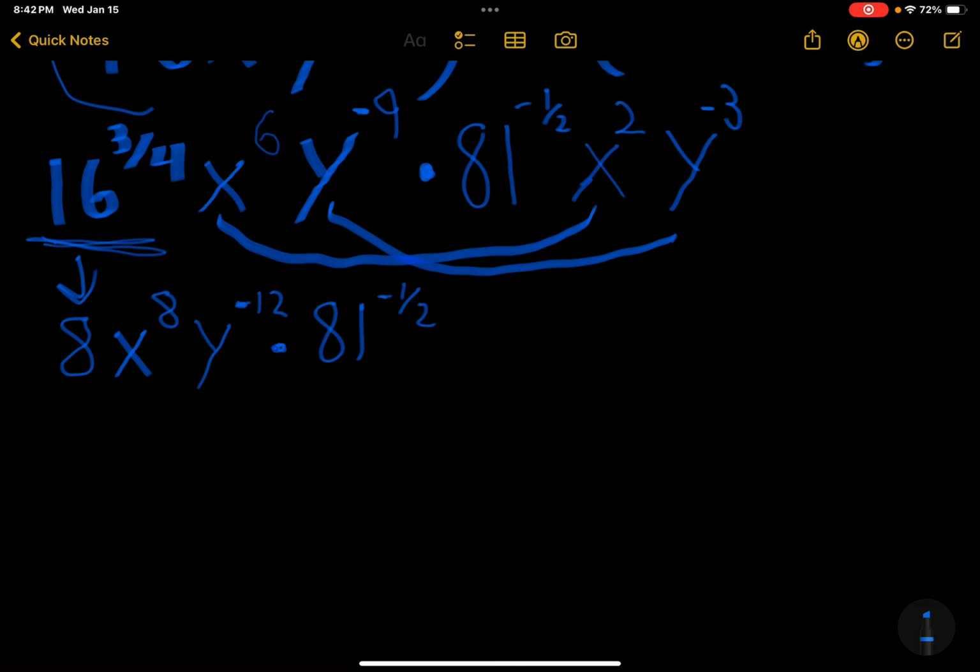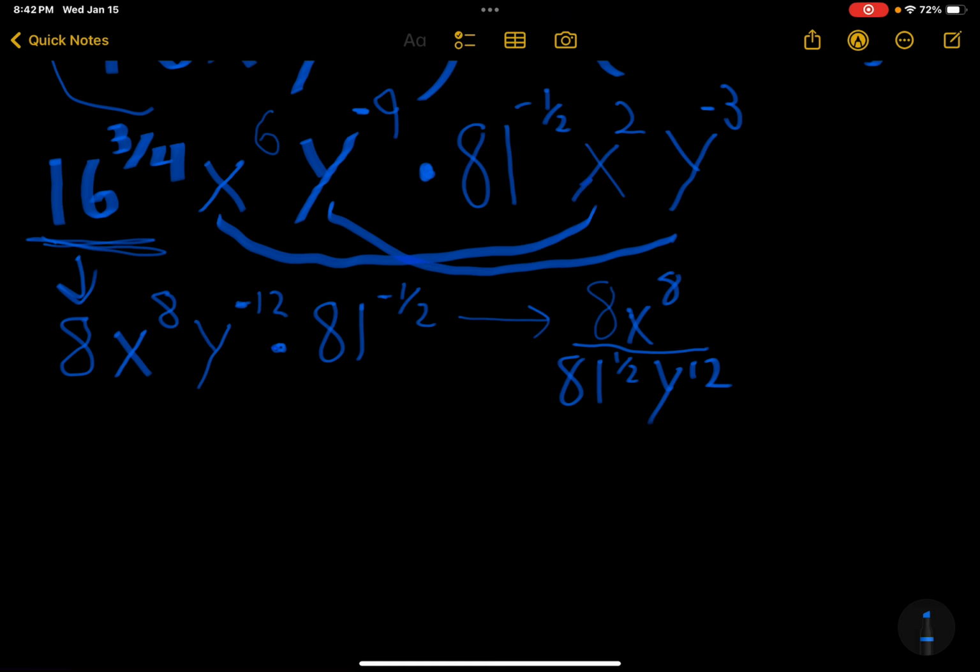So this whole thing ends up being 8x to the 8 over 81 to the power of 1/2, and then y to the power of 12. That's how you get the negative away in fractional exponents.